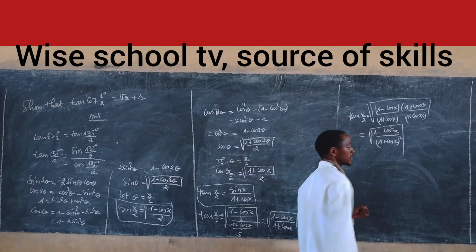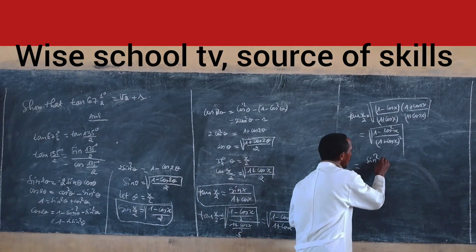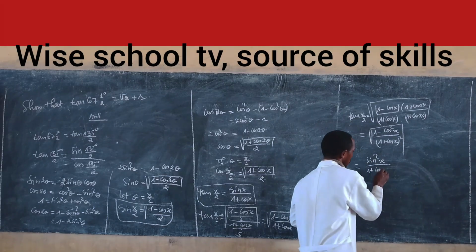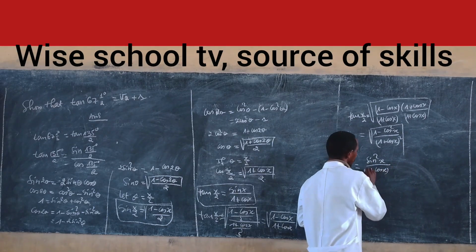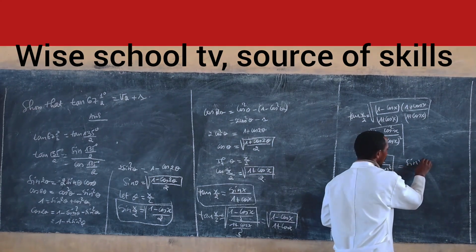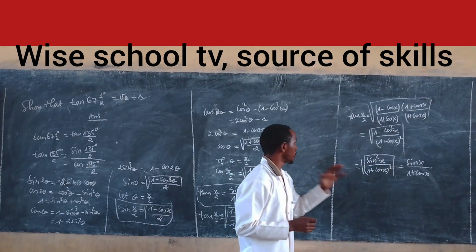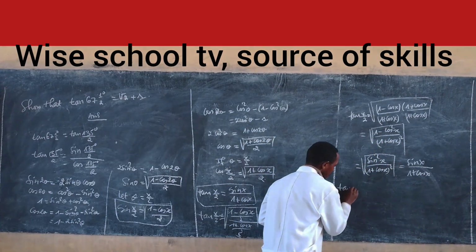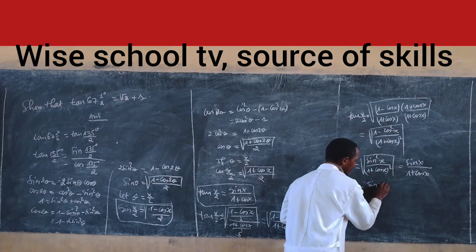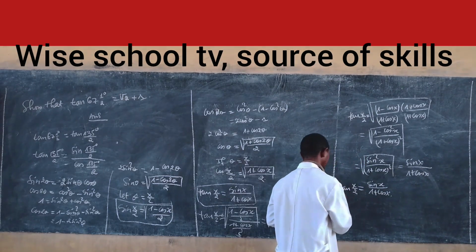When you take the square root, we get sine square of x over 1 plus cosine of x squared. When you remove the square, we get sine of x over 1 plus cosine of x. So tan of x over 2 is equal to sine of x over 1 plus cosine of x.